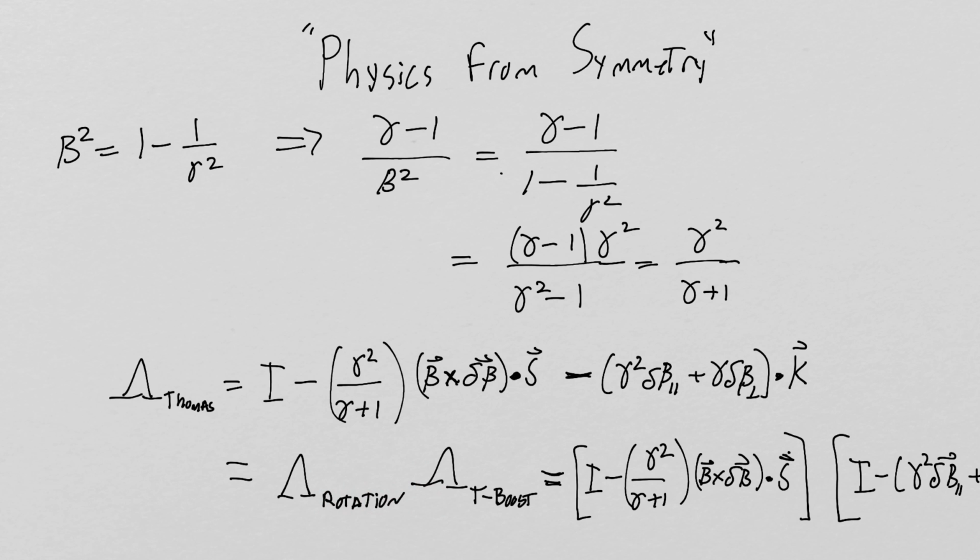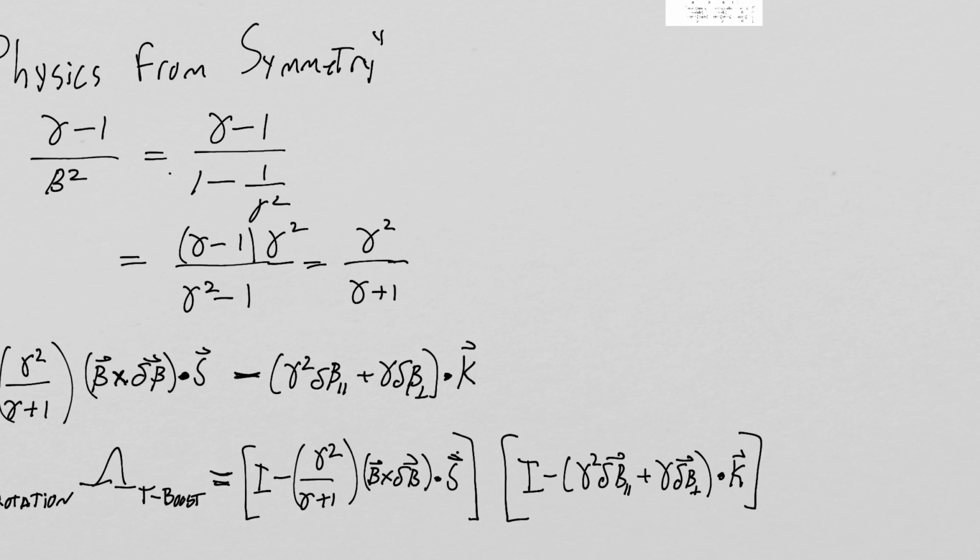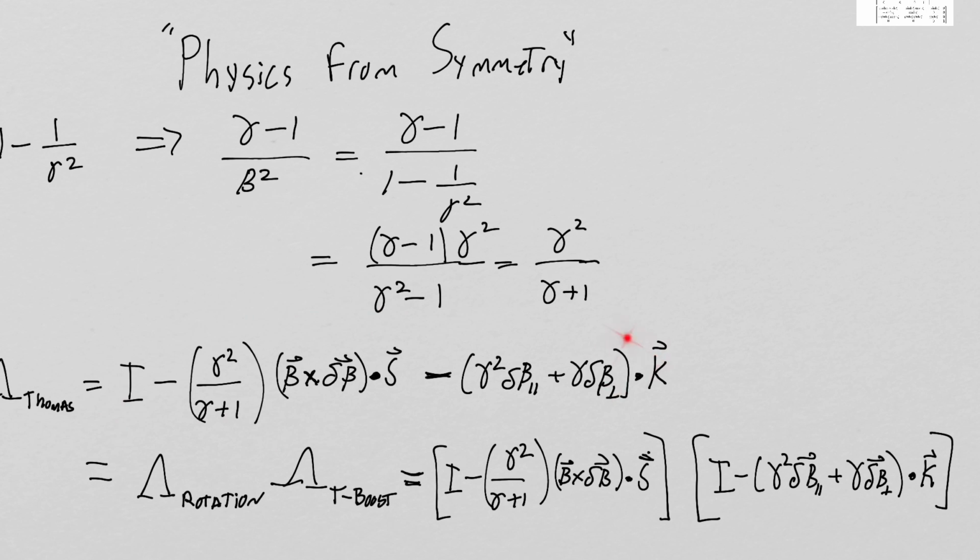As long as it's an infinitesimal rotation, this is actually the same as taking just a pure little rotation and just a pure little boost. Because if you multiply these two together, you'll discover that you end up with this expression here plus some second order terms that go away, because we're dealing with infinitesimals.